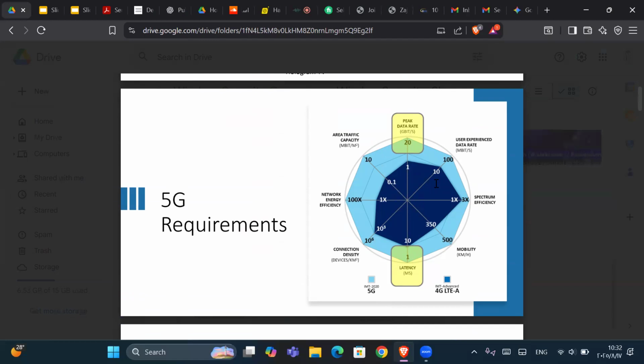The inside shape here is for 4G LTE network, and the outer shape, the blue over here, is for 5G. So we have 4G and we have 5G. And this figure compares between them in terms of different metrics, like the peak data rate, the area traffic capacity.